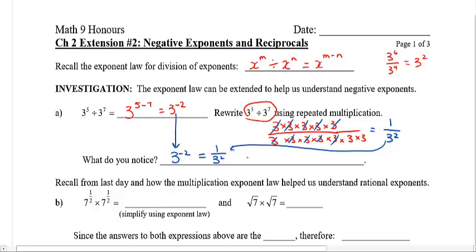Well, I guess what you can see now is negative exponents can be written as the reciprocal, and that's what that 1 over means, as the reciprocal of its positive exponent.